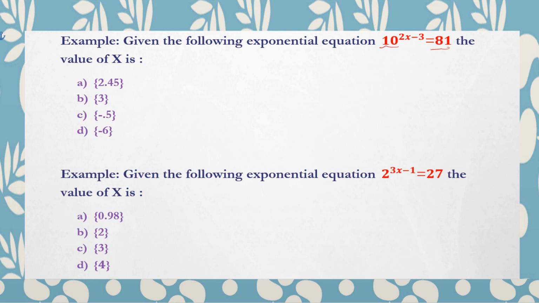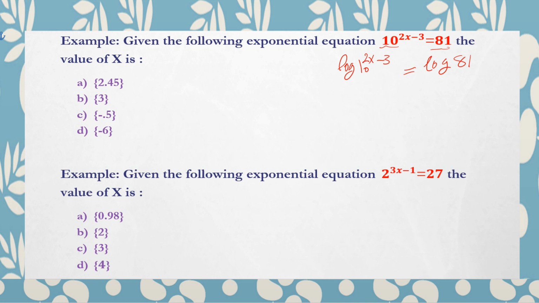In this case, when we cannot equate the bases of an exponential equation, we should use logarithm. So we will take the log for both sides. So log of 10 power 2x minus 3 equals log 81.